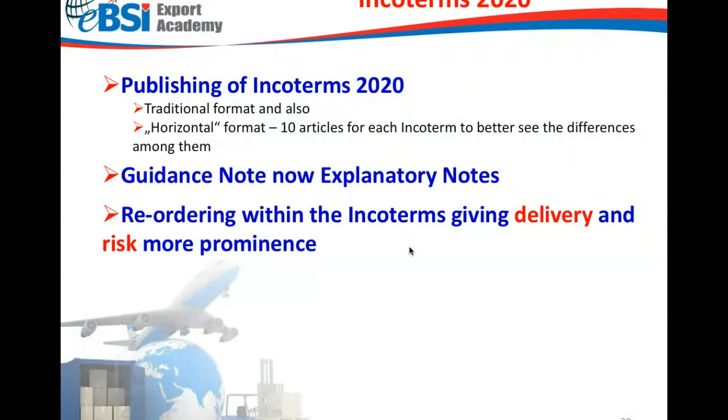With respect to the new 2020 rules, they have followed 2 formats. One, the traditional format of the book, and then a horizontal format where 10 articles for each Incoterm are side by side in order to better see the differences between them.